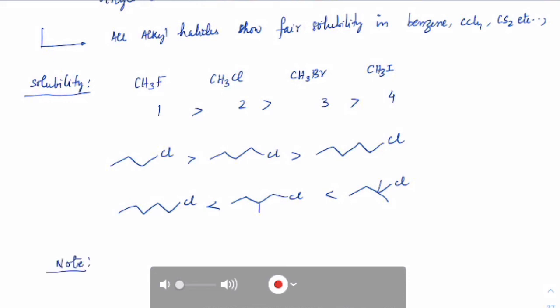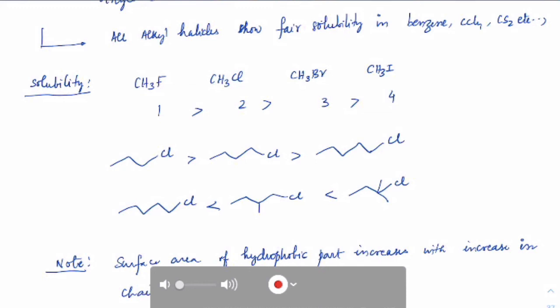You have learned about surface chemistry already. So the surface area of the hydrophobic part increases with increase in chain length. That's why we will see this.